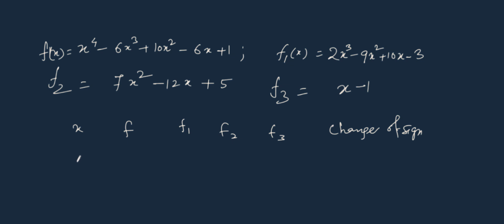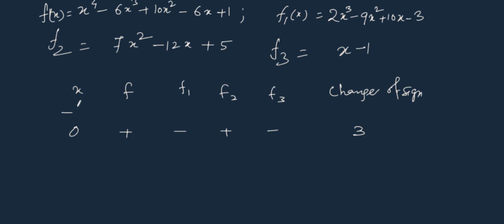So at 0, what will we get? F is positive, then f1 negative, f2 positive, f3 negative. So 1 change, 2 changes and 3 changes. 3 changes.